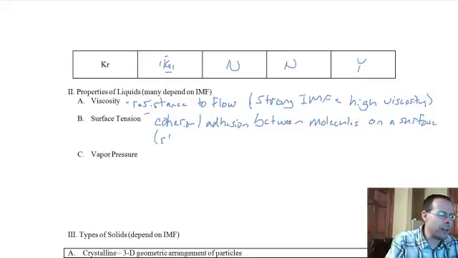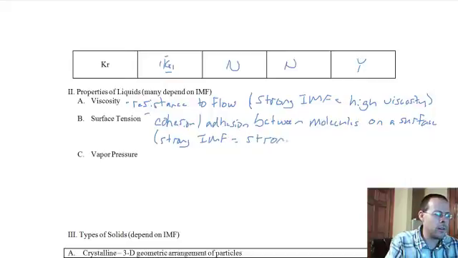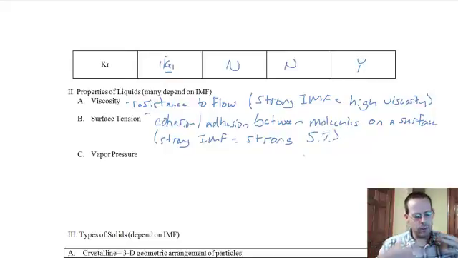If we have strong intermolecular forces, we have strong surface tension, or we should call it ST. So those molecules on the surface, because they're attracted to each other so strongly, link up, they're sticky with each other, and then you have things that can walk on the surface.